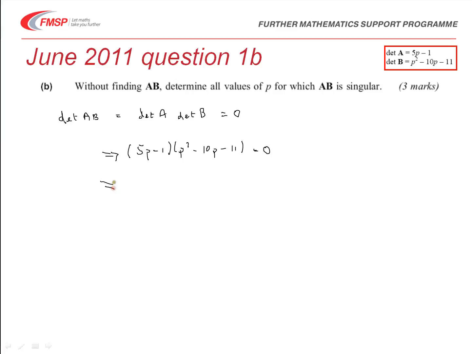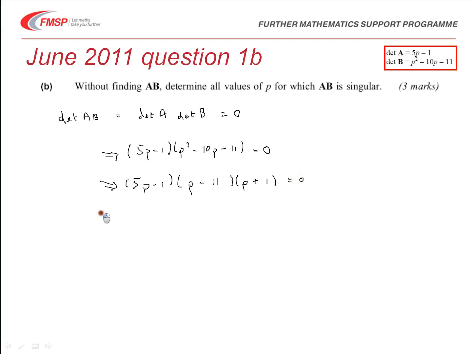And of course that in turn implies, if we complete the factorisation, we're going to get 5p minus 1 multiplied by, well, to get p squared we're going to need a p and another p, and then to get your negative 11 it's either negative 11 and 1 or 11 and negative 1, and since this is negative 10p it must be negative 11 and plus 1, and that equals 0.